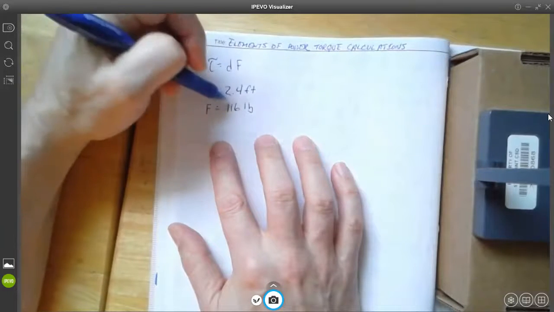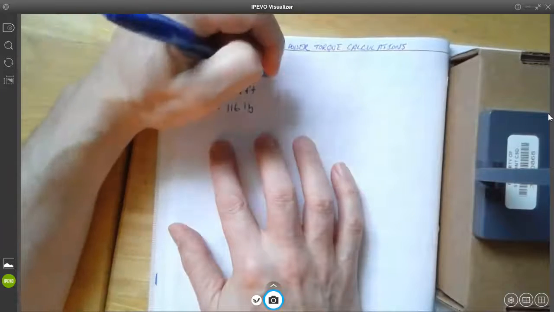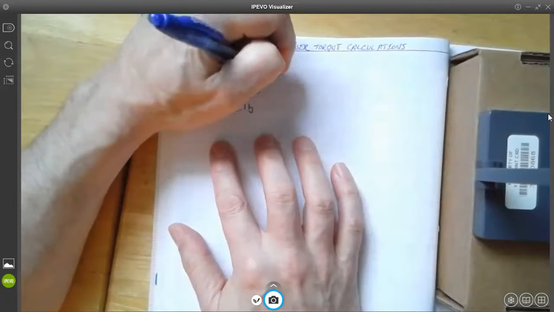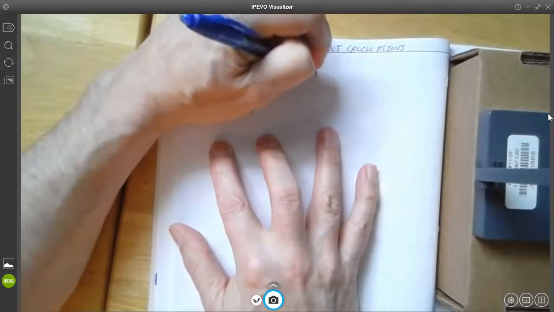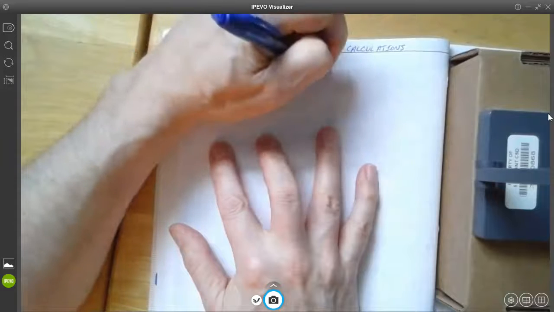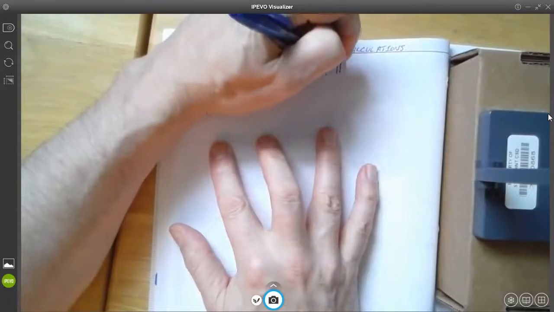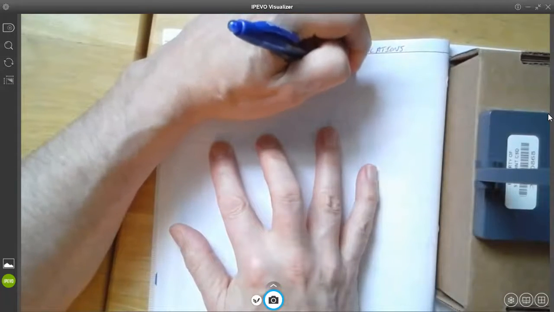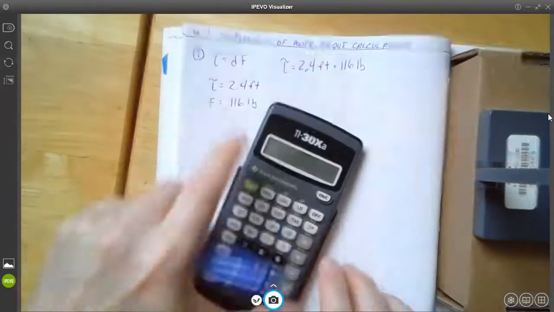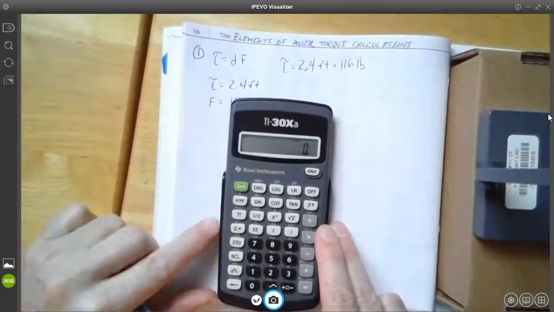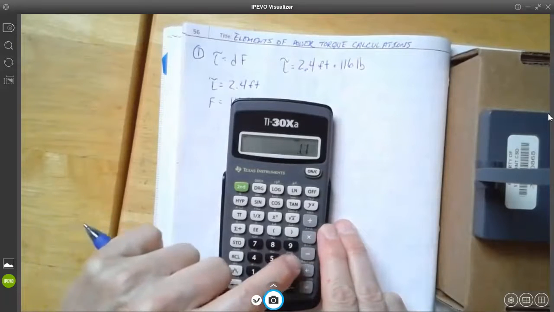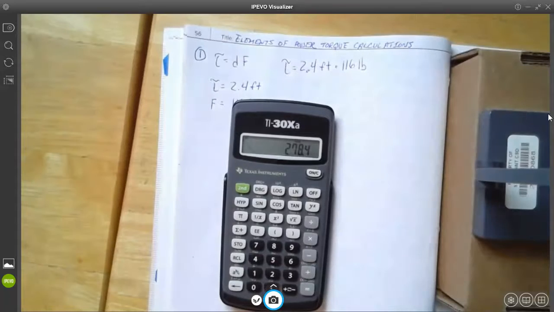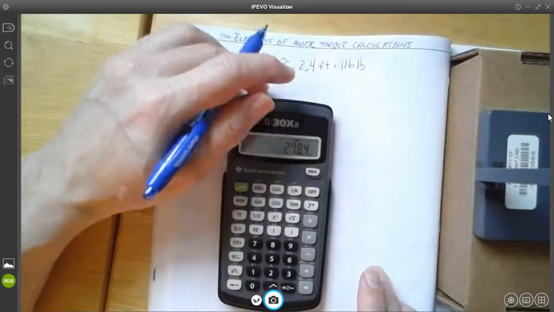Substituting these values into the formula, tau is equal to 2.4 feet times 116 pounds. If I get my calculator, 2.4 times 116 equals 278.4, and that is in foot-pounds.